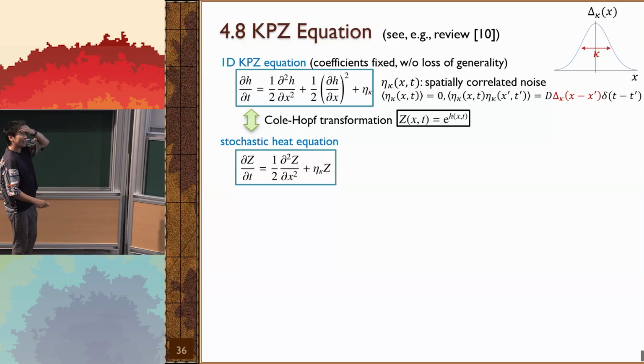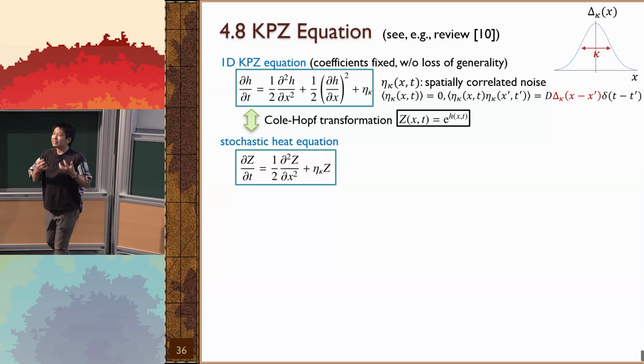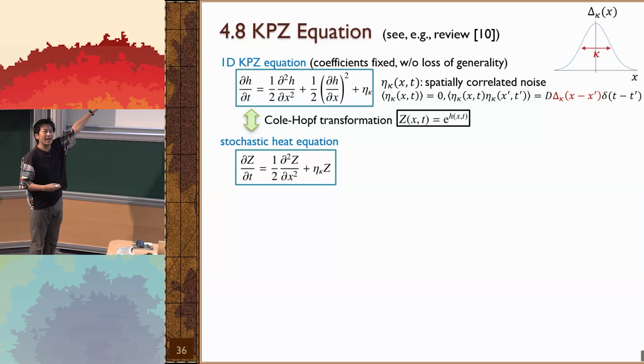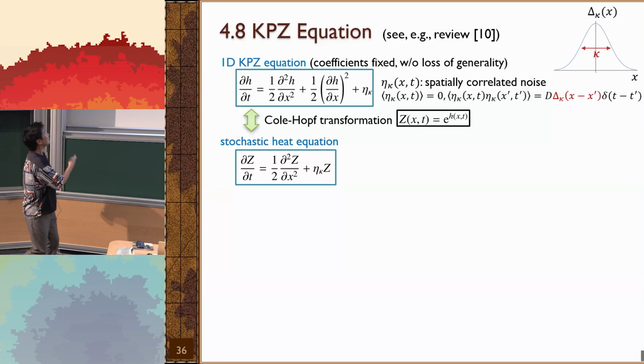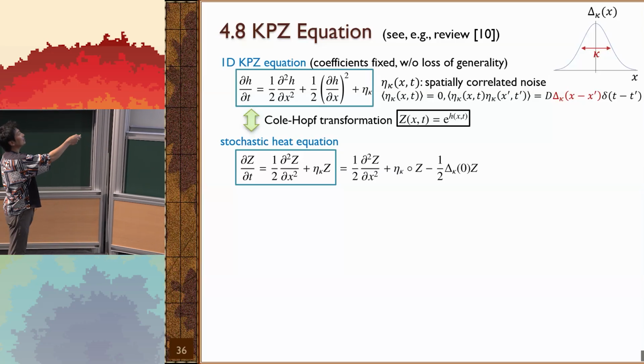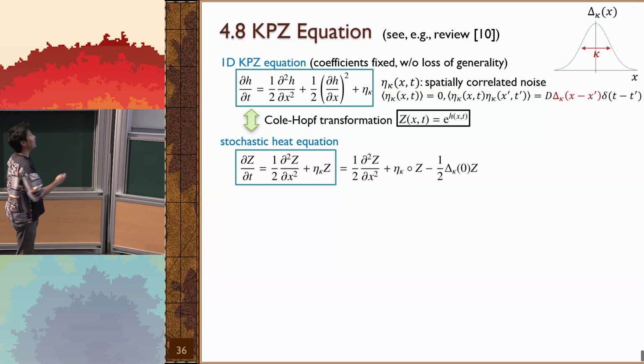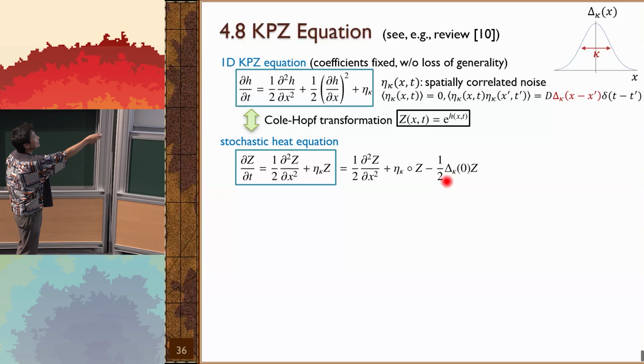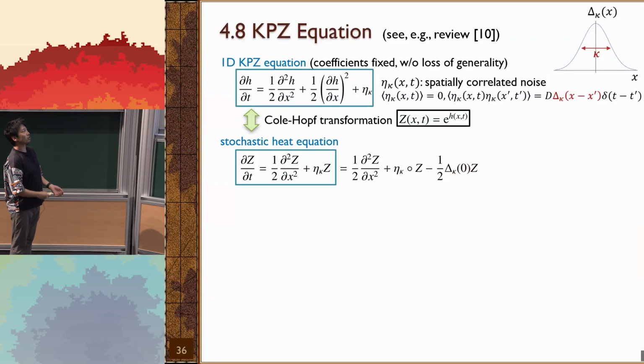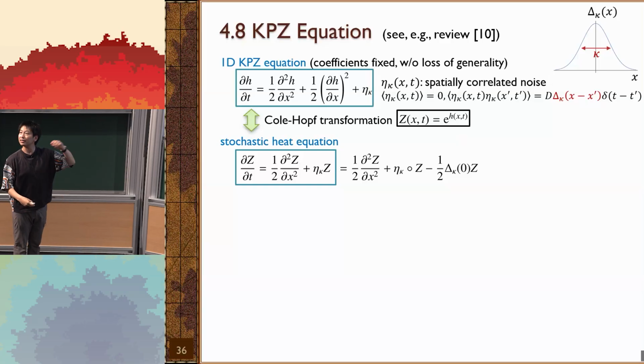In order to do that, I'd like to use standard calculus, so the Ito product is not convenient for that. So let me rewrite it with the Stratonovich product. And then, according to the conversion formula I explained yesterday, we have to have this kind of term, which goes to minus infinity if you take the kappa to 0 limit.